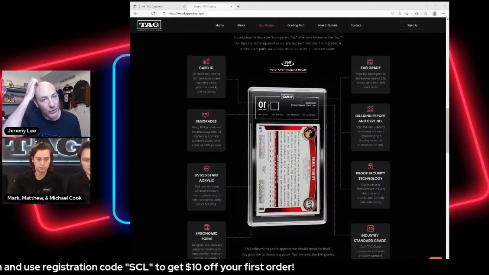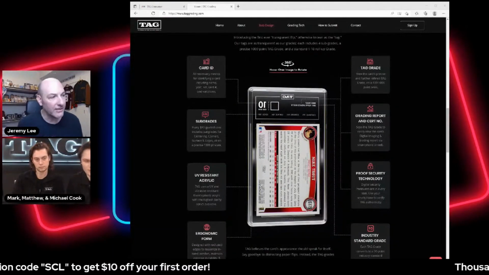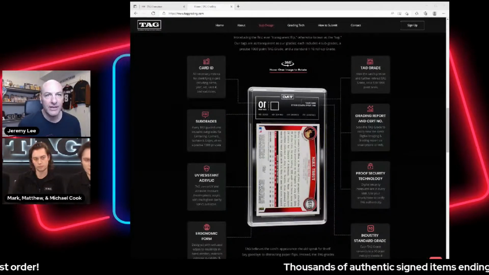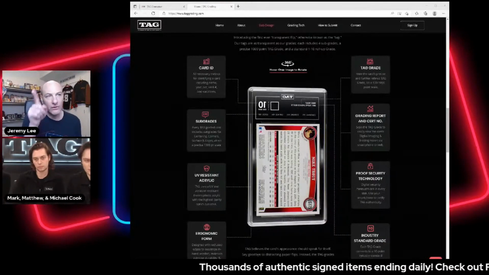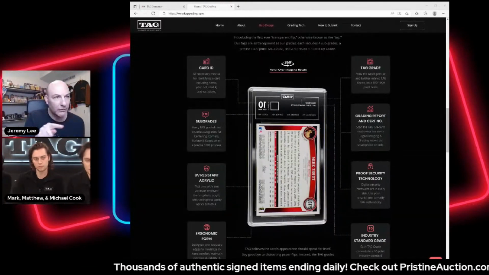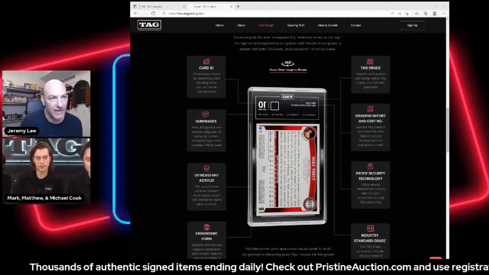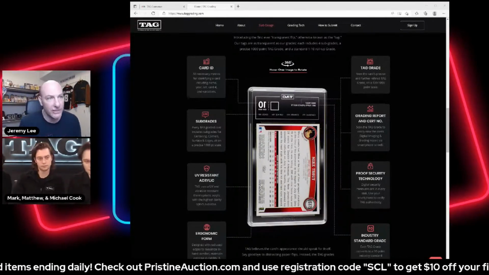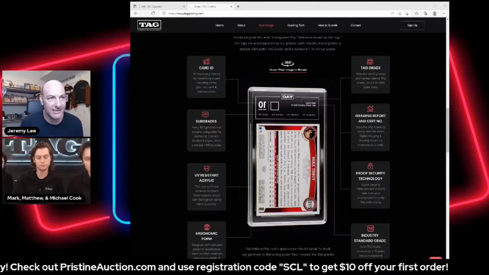Something I noticed when I was at the facility was that with the TAG slab, there's going to be no frosting around the border of the seal. That's something I know you guys were very proud of, because with any other slab I've seen, you can see frosting around, and it is an eyesore.